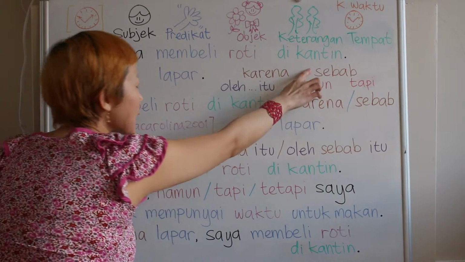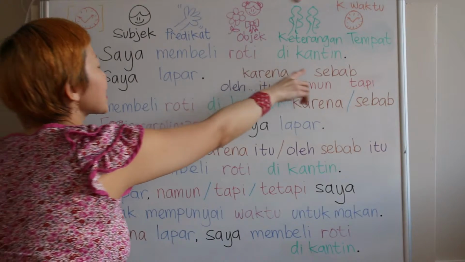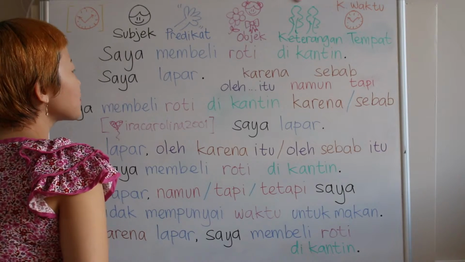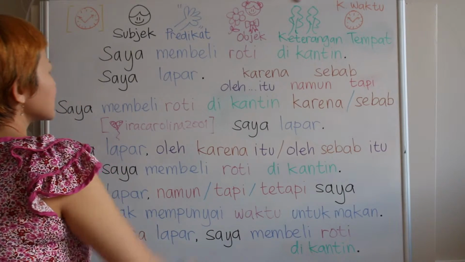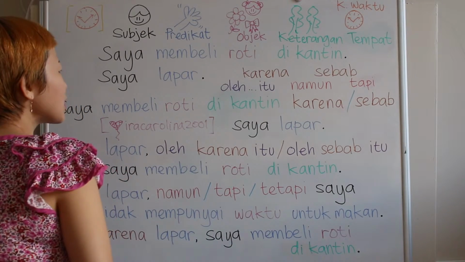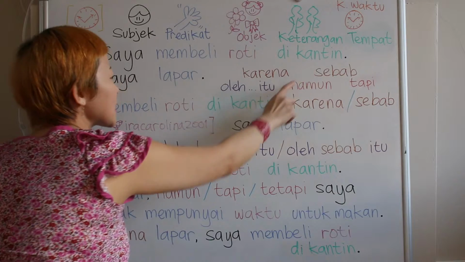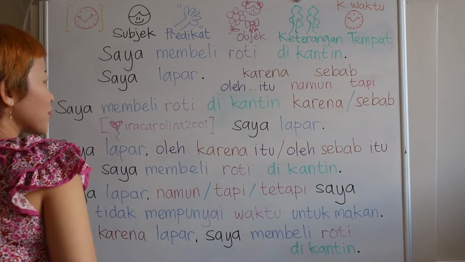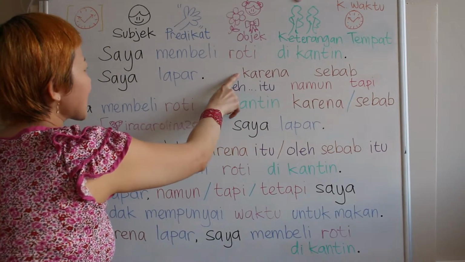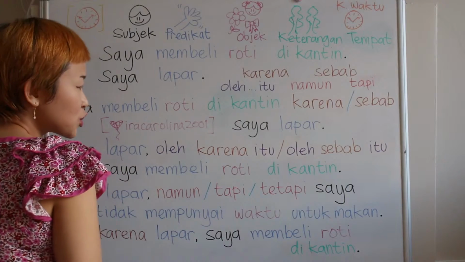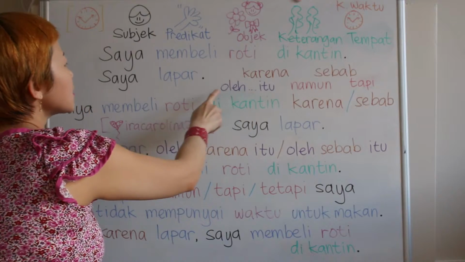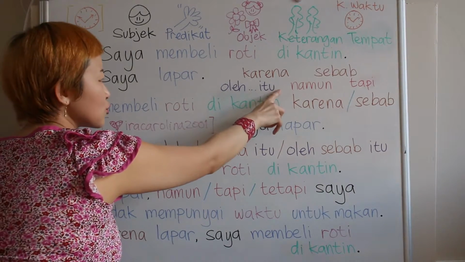Today we will learn the Indonesian language, Bahasa Indonesia, about karena or sebab. Karena and sebab mean because. And then because of that, oleh karena itu, or oleh sebab itu. You put the because here, and you put oleh itu.